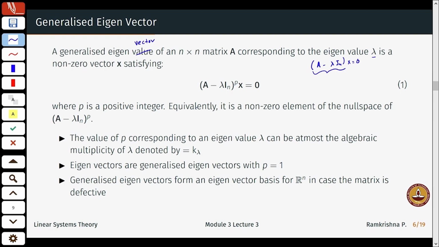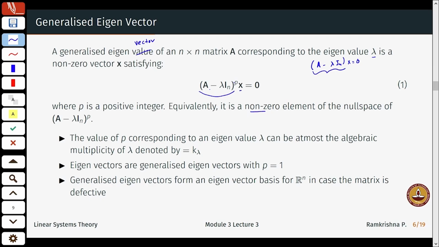I am not interested in the 0 eigenvector, right? I am always interested in finding non-trivial solutions, and if A minus lambda I_n was invertible, that was not exciting for me. So I was always looking at A minus lambda I_n being a singular matrix, not invertible. Okay. So it is a non-zero element, this is important, of the null space of this matrix, (A minus lambda I_n) to the power p equal to 0.